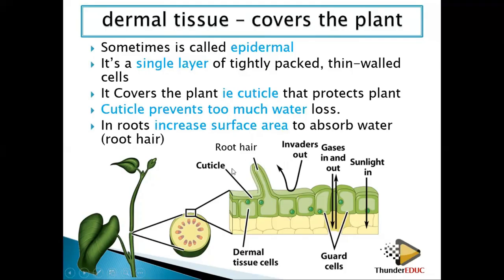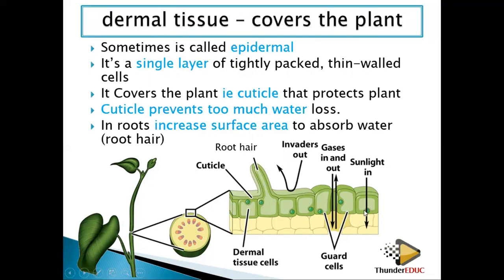The outside part is called the cuticle. It's very important in preventing the water from being lost. Very important in absorbing sunlight. It allows sunlight to go through. It's also very important in reflecting light if it's too much. Dermal cells, these are the cells.